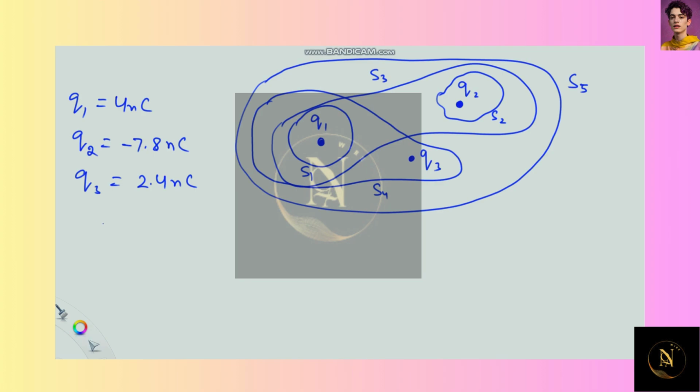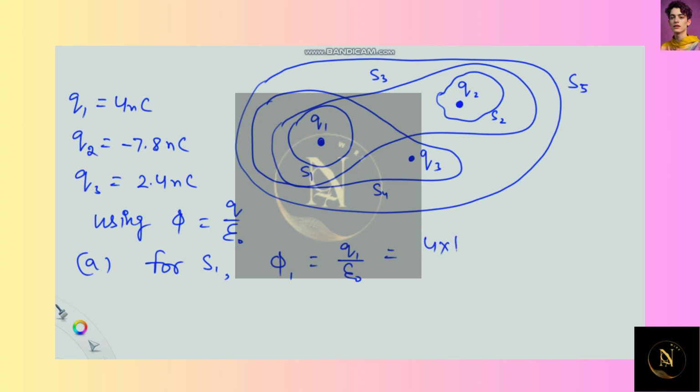Here we will use the formula for the electric flux, that is given by phi is equal to Q by epsilon naught. In the first part of the problem, for the surface S1, flux will be given by the enclosed charge Q1 by epsilon naught. Q1 is 4 nanocoulomb or 4 into 10 to the power minus 9 coulomb.